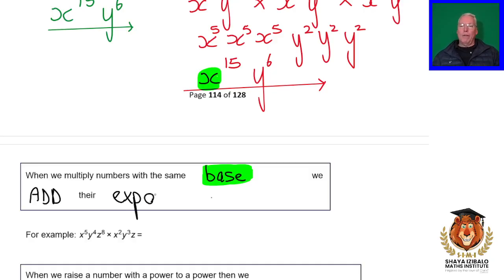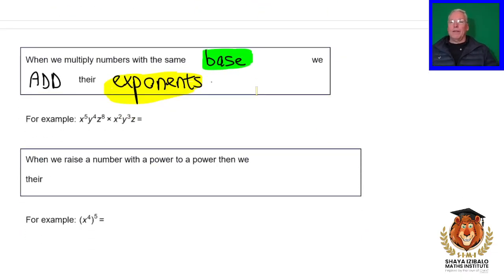And remember, the exponents are the little numbers at the top. So we add their exponents. These are the exponents here. Okay. Right, so let's look at an example of that.